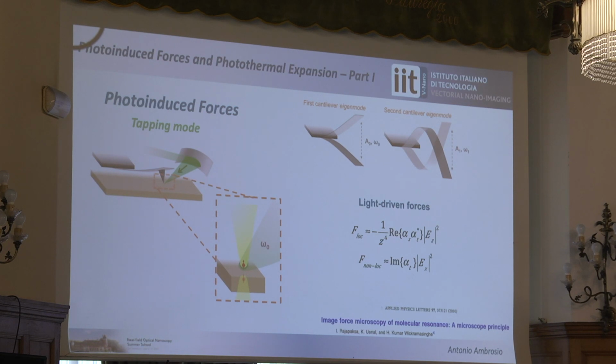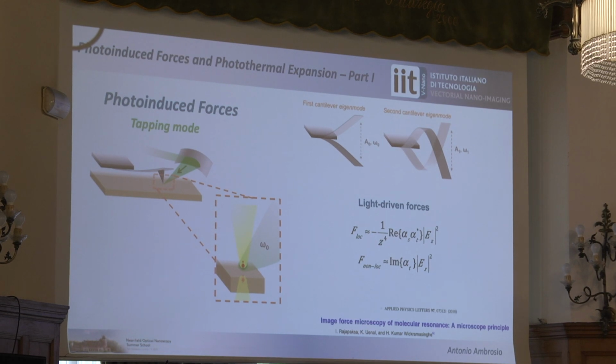So let's assume this. You approach with the second mode and follow the morphology, and you don't put any feedback on the first mode. That means whatever local force you are creating is going to change the oscillation of this first mode. So now you have to pick a modulation frequency for the laser that you are shining there.